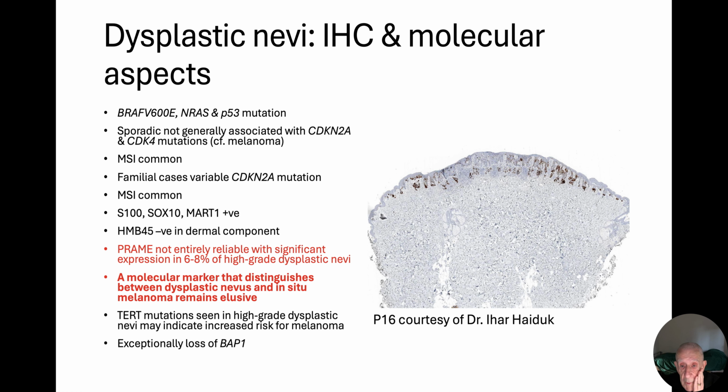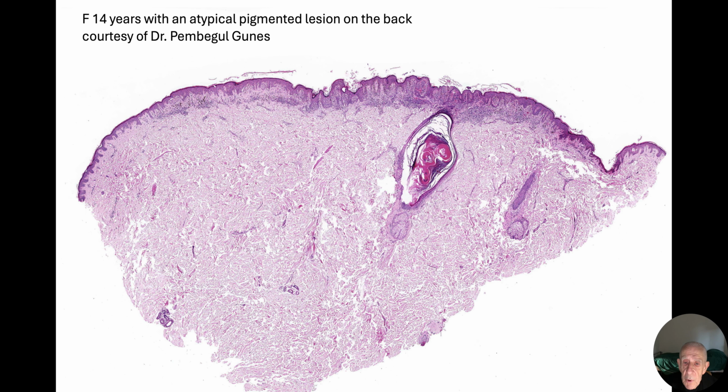Although, mind you, I wasn't able to read the articles themselves, and so it may be that these are misdiagnoses, and in fact they weren't high-grade dysplastic nevi at all. They were melanoma that wasn't recognized. So I think the jury's still out on PRAME.